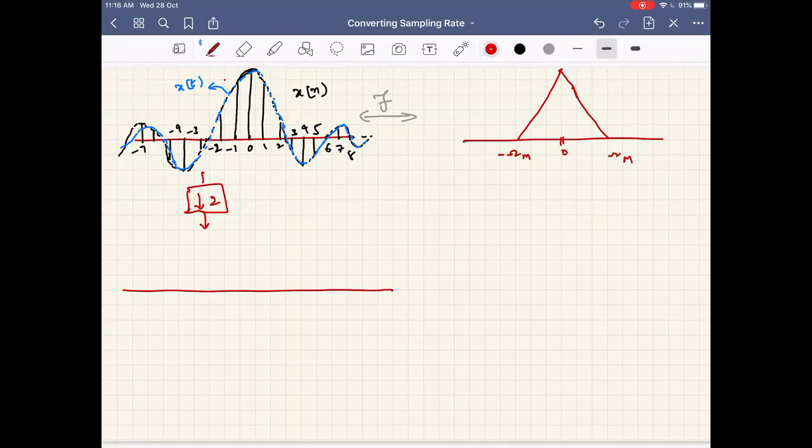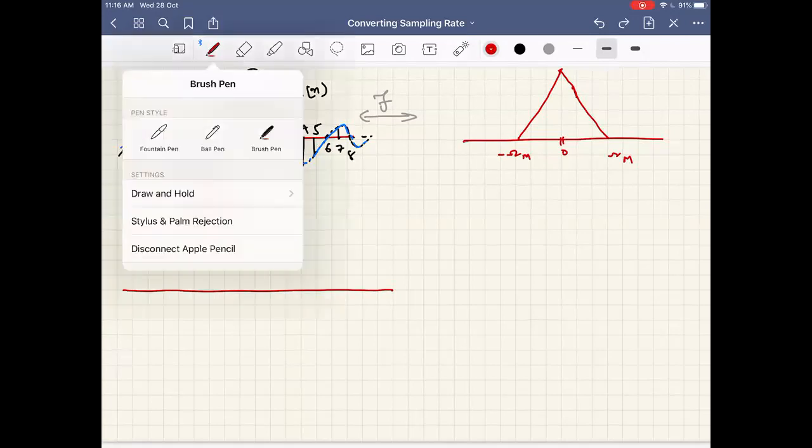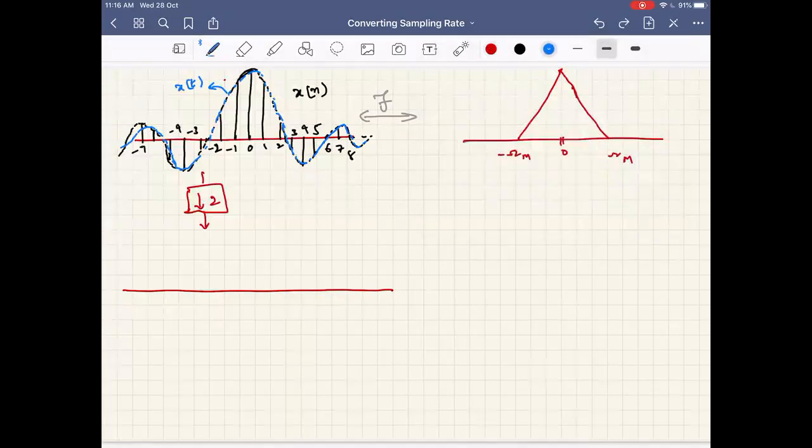Assume that I have taken samples anyway. This is the spectrum of x of t, which I will denote as x of j omega. This is the spectrum of the continuous time signal.